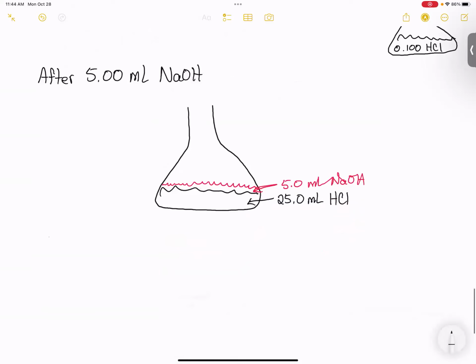So my new hydrochloric acid concentration. This is where you've got to use M1V1 equals M2V2. You need to calculate M2 here by using M1V1 equals M2V2.